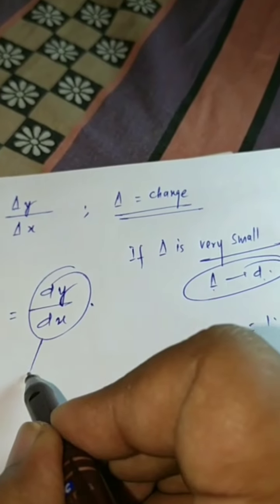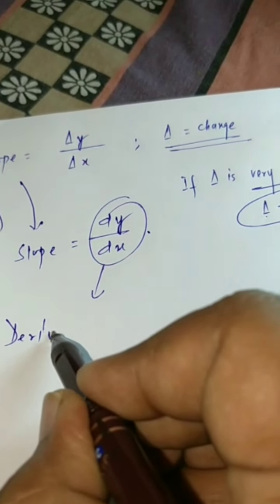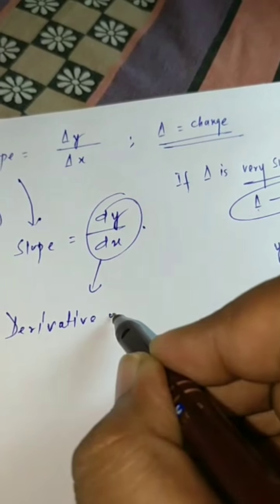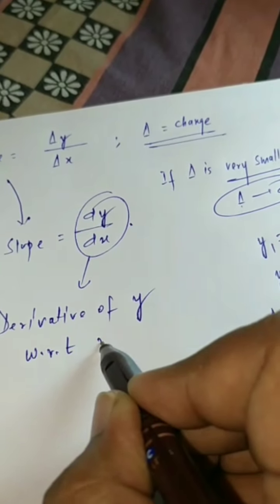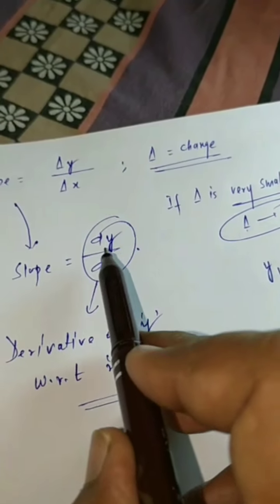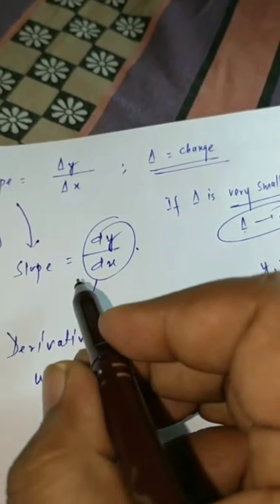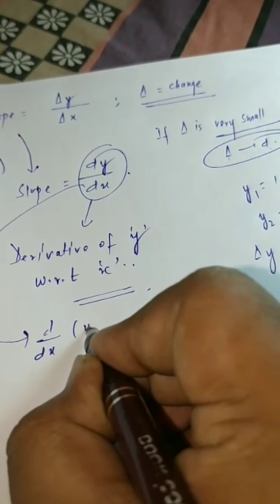And this is what is called the derivative of y with respect to x. We pronounce it as d/dx of y.